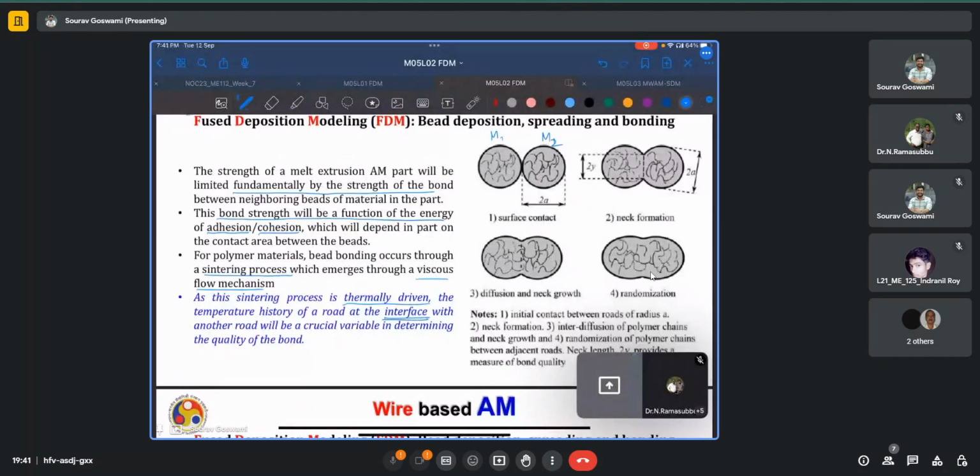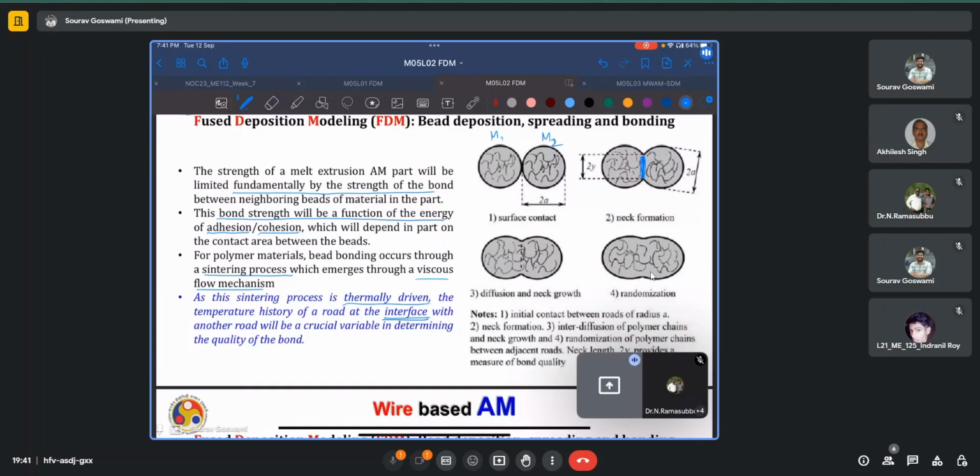So, for this, I'm not sure if this is a spherical, circular or oblong cross section, but still, assume that one of the major axes is given to be 2a. Initially, we start with two beads deposited side by side. The cross sections have a major axis of 2a. Once sintering starts, or once bonding between the two adjacent tracks starts, a neck will form. This neck is simply the region in contact between the two, the common surface shared by the two neighboring beads.